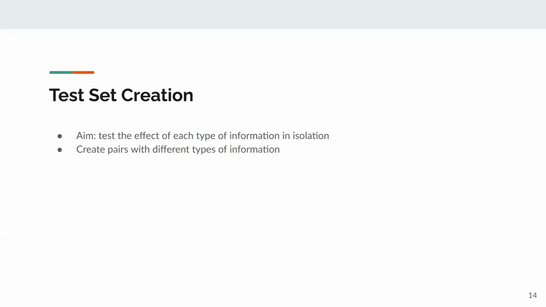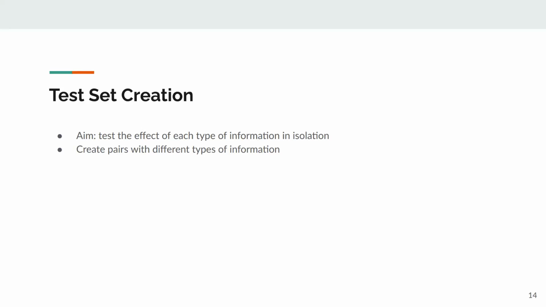However, one sample would have more information than the other. So for instance, we would have one input which has no type annotations, and then one input where we add some type annotations. And since these inputs are identical, except for the presence of type annotations in one and not in the other, then we can test in isolation what really the effect of these type annotations is.